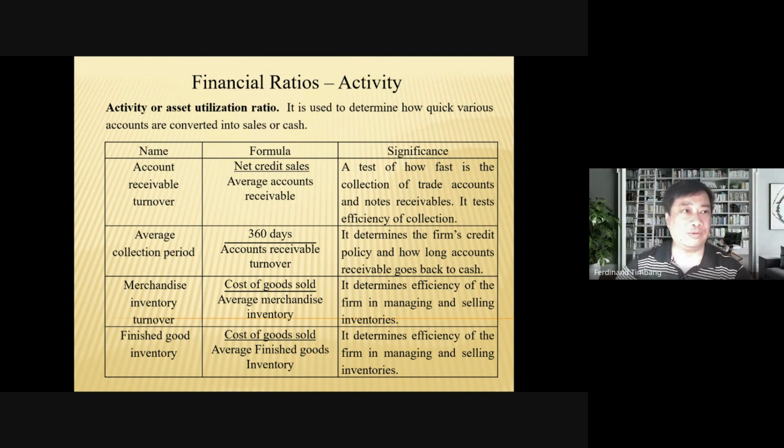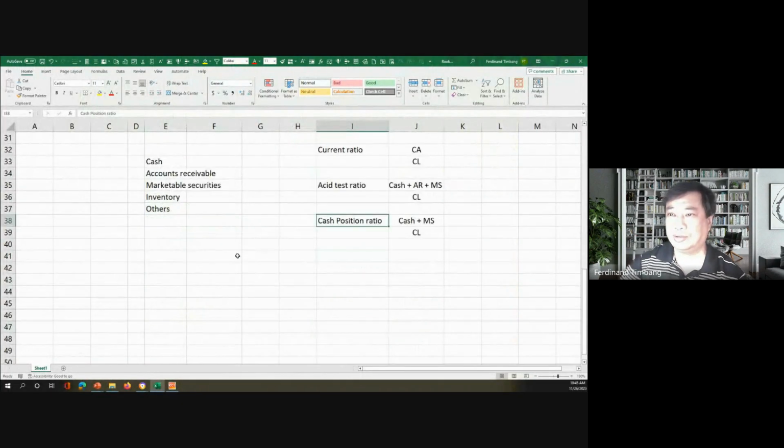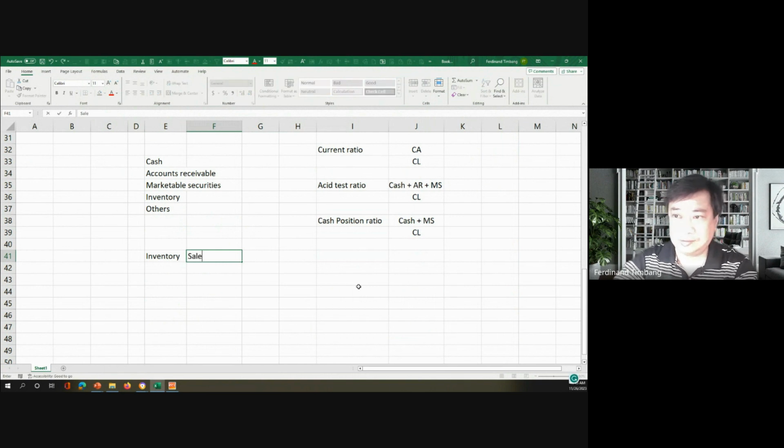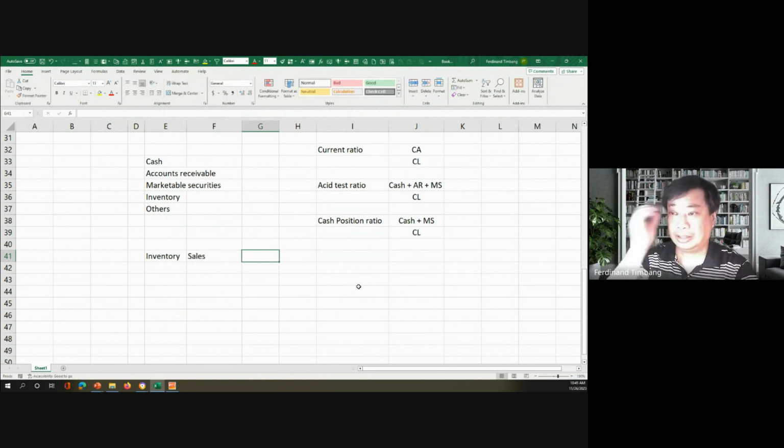Okay, so next we have yung activity ratio. So yung activity ratio, to just summarize, kung anong ibig sabihin ng activity ratio na to, is that, for example, we have this process bale. So yung process natin is first you buy inventory, tapos papunta siya ng inventory, then it becomes sales, then it becomes what?